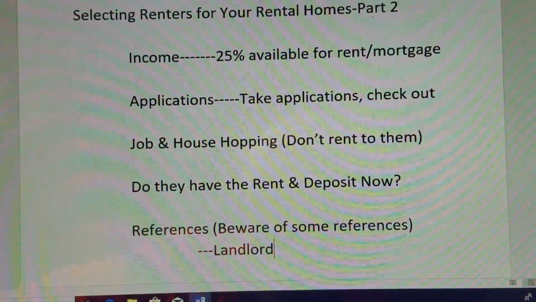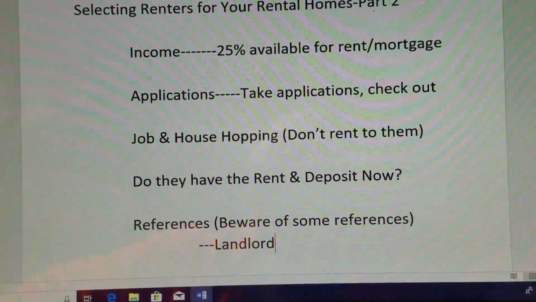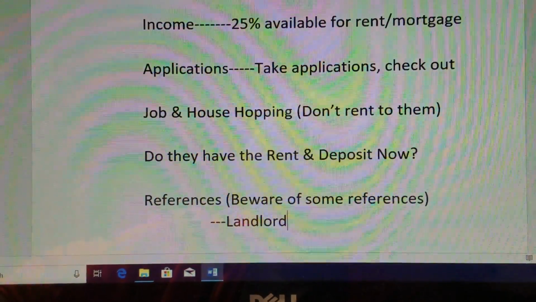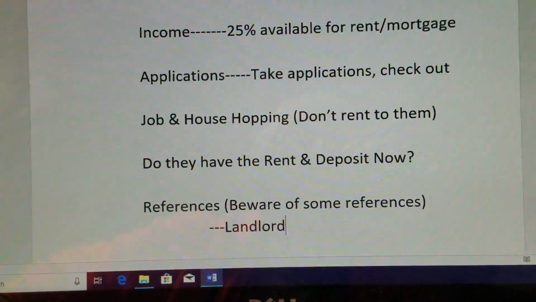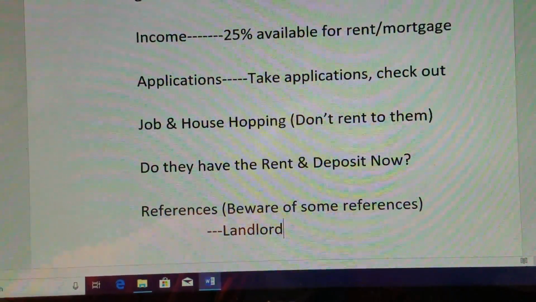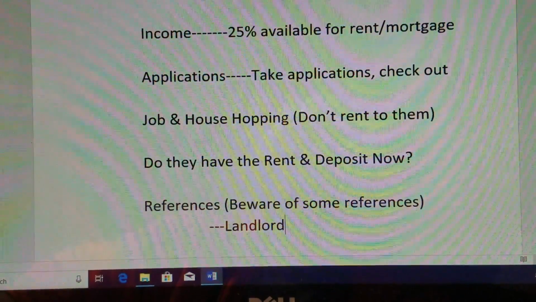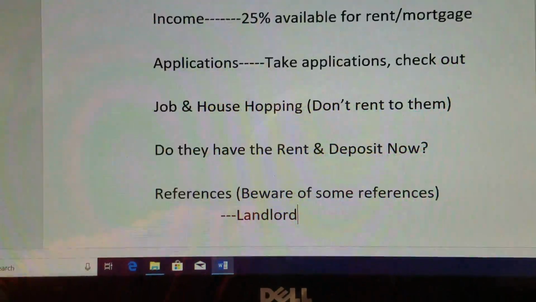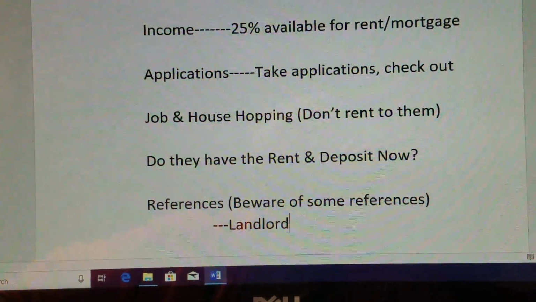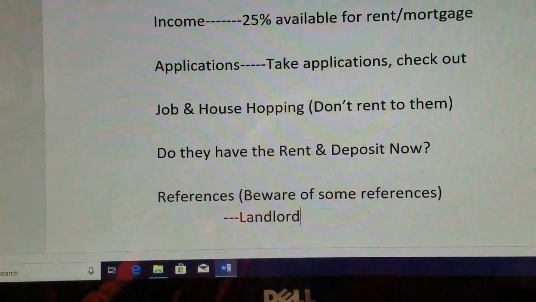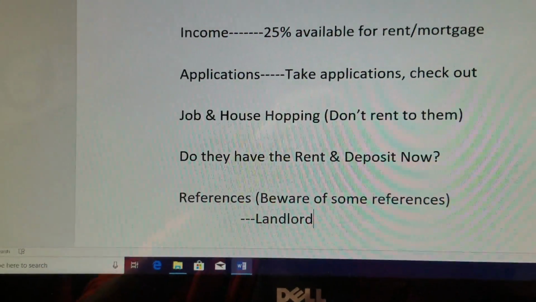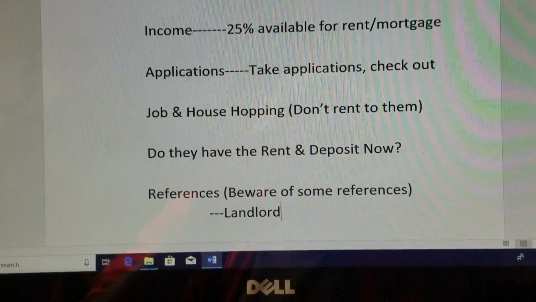Also, another thing, references. Take some references from these people, and you need to beware of some of the references. Like I said, landlord references sometimes are not good references. The landlord may be giving them a good reference just so they can get rid of them. So you need to kind of beware of landlord references and some other references.